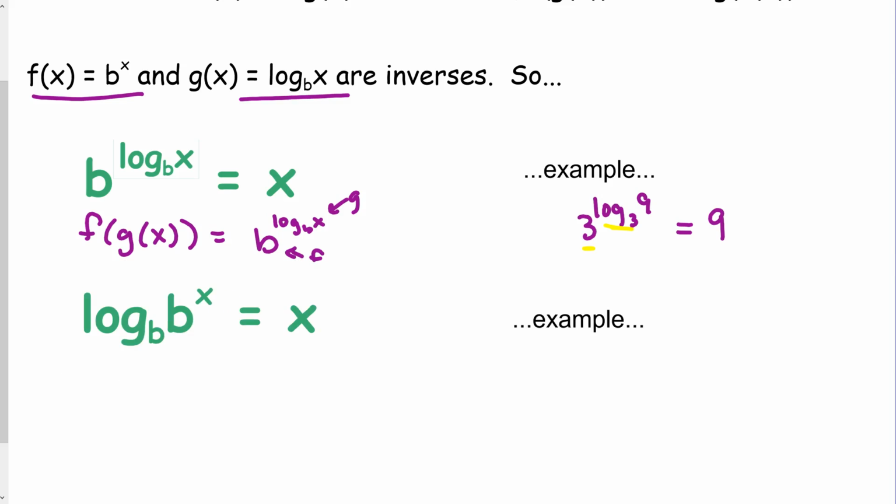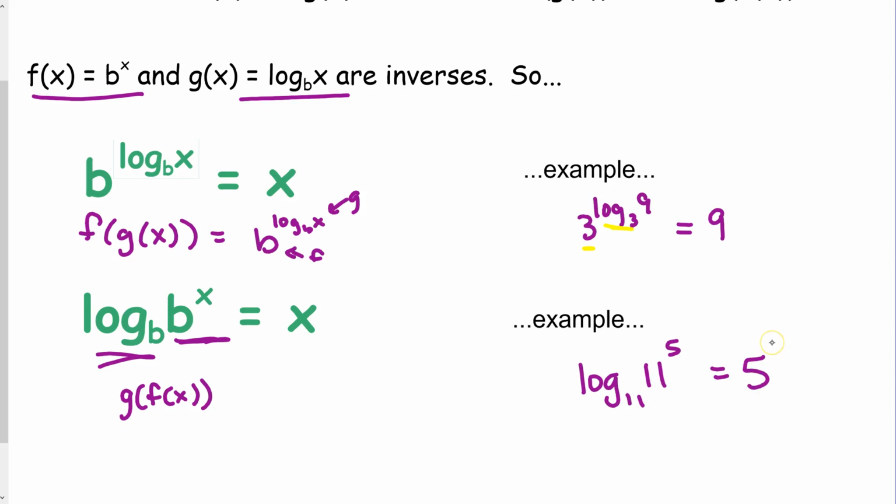And if we put them the other way around, this would be an example of g of f of x, because the f of x function is inside the g of x function. That's also going to be just x. So you might see this if you saw something like log base 11 of 11 to the 5th power. Then that would just be 5.